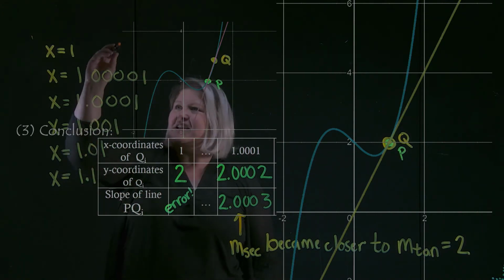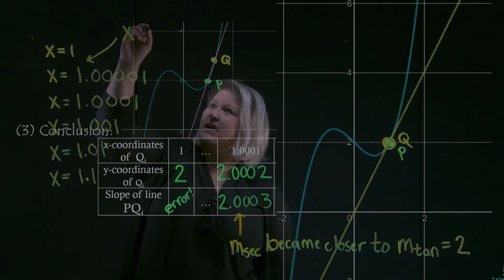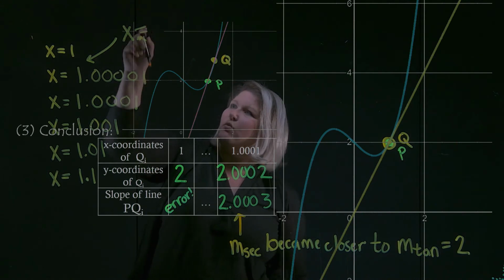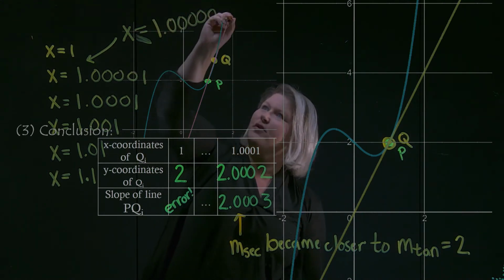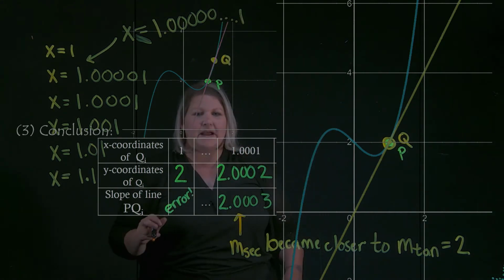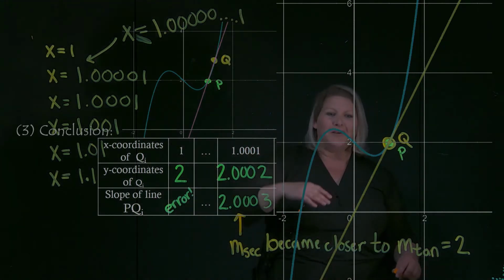And if I wanted to get real tricky, just to check my answer, I could say that 1 would be equal to 1.00000, just really go crazy on the zeros and then hit 1.